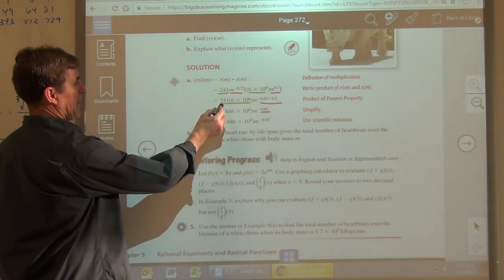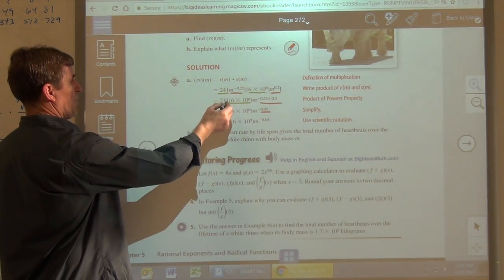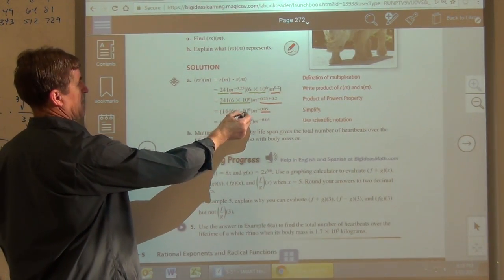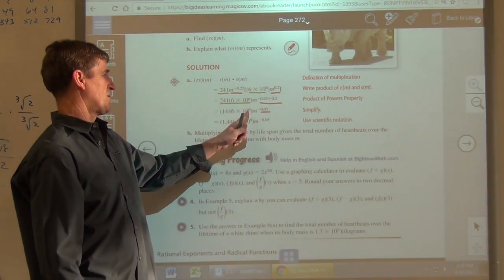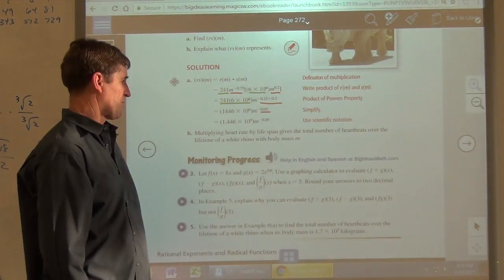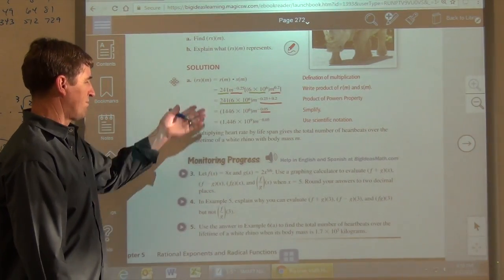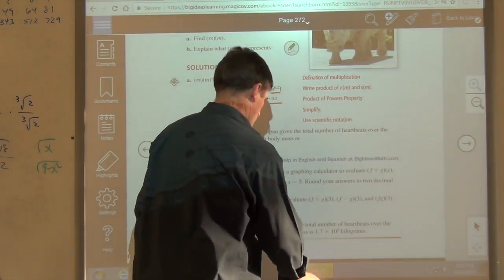And then they just multiplied this, so they took 241 times 6 and got 1446 times 10 to the 6. Remember, this is scientific notation, so it just tells you to move the decimal 6 places to the right. And so you found the answer that way.